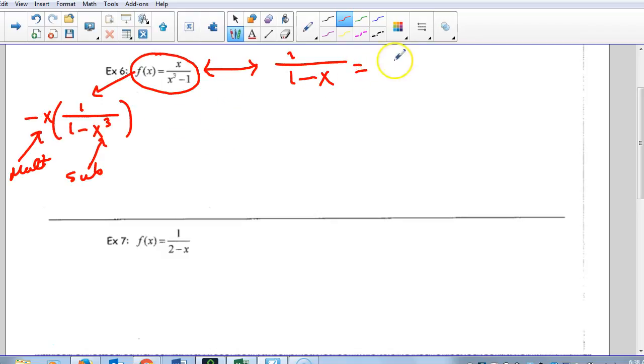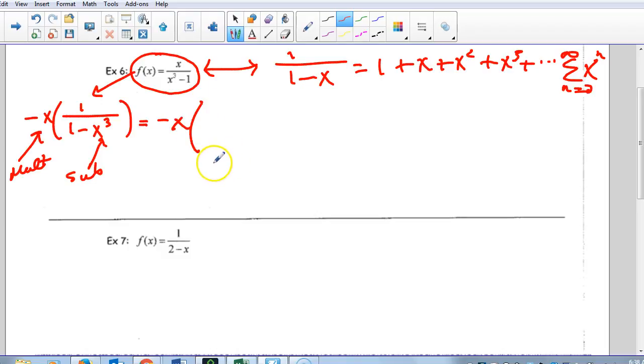Here she is: 1 plus x plus x squared plus x cubed plus blah, blah, blah, the sum from 0 to infinity of x to the n. My friend, Big Mama. I'm going to take her and multiply that by negative x, and substitute x cubed at the same time.